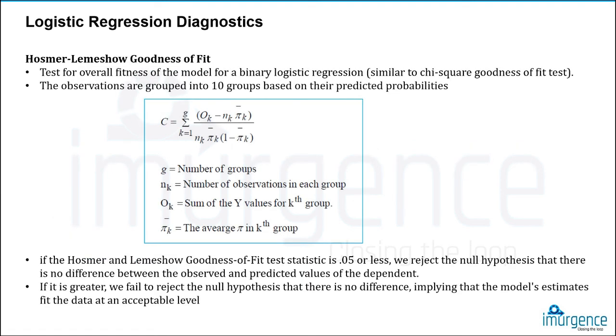right? And then again, to statistically test the overall model: the Wald test talks about individual variable significance, but if I have to talk about the overall model significance test, I will have to chop the data into 10 equal parts, maybe basis arranging the probability values, right? And as normal, I would expect that the bucket of data wherein the probability value is higher, I expect a higher degree of the event happening.